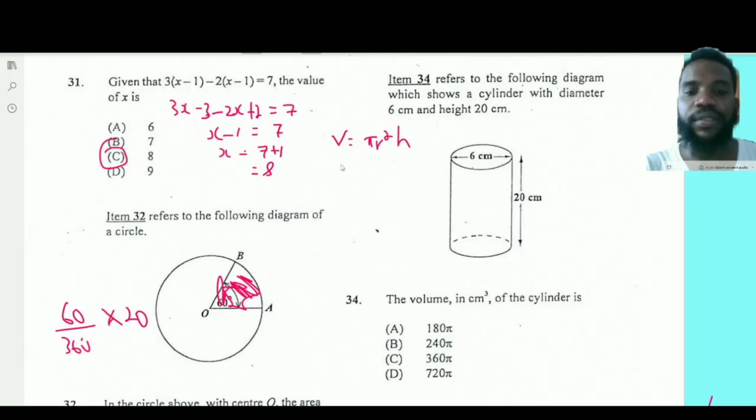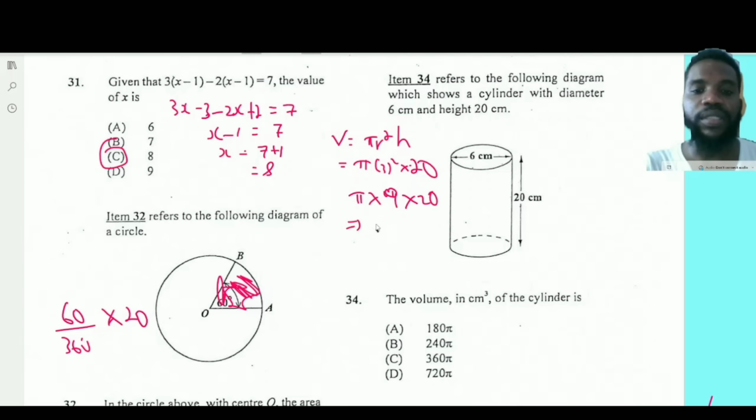Now pi is in the formula, so you leave the pi. If the diameter is 6, the radius is half, so it's going to be 3 squared times 20. Now 3 squared means 3 times 3 is 9. So you have pi times 9 times 20. 9 times 20 is 180. So it's going to be 180 pi cubic centimeters.